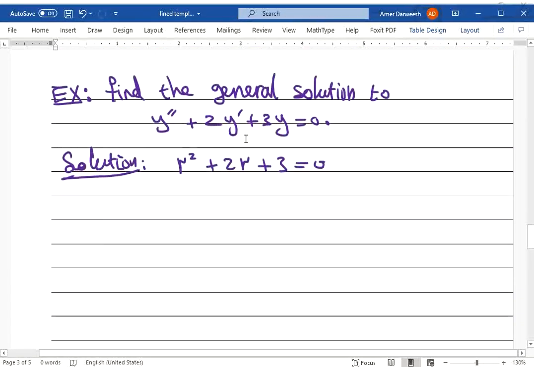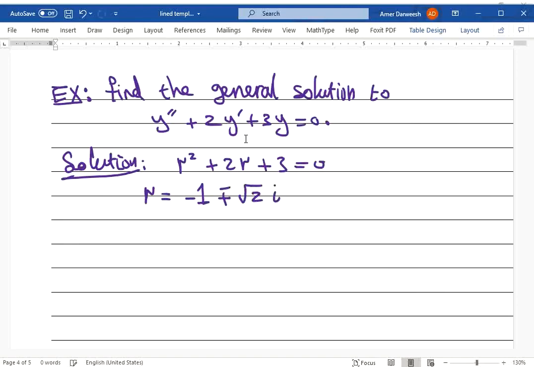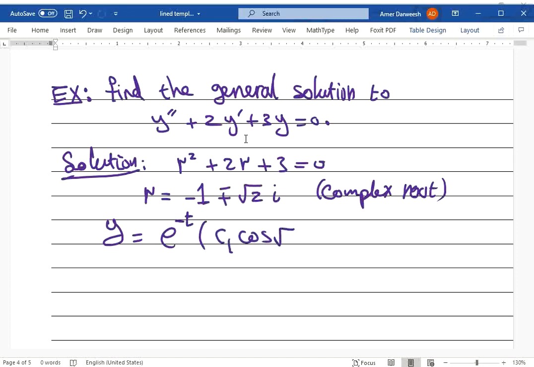So r equals minus 1 plus minus square root of 2 i, which is the case of complex roots. وبالتالي حسب الرول the general solution takes the form e to the alpha t, which is e to the minus t, times c1 cosine of square root of 2 t plus c2 sine of square root of 2 times t. So here's the general solution for this equation.